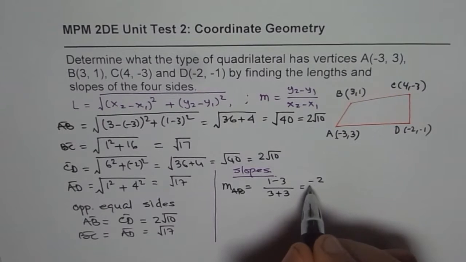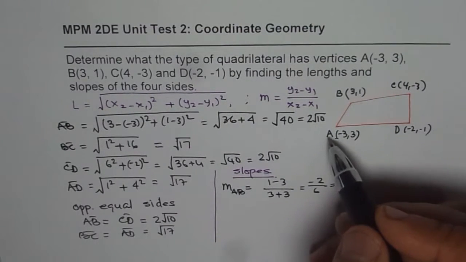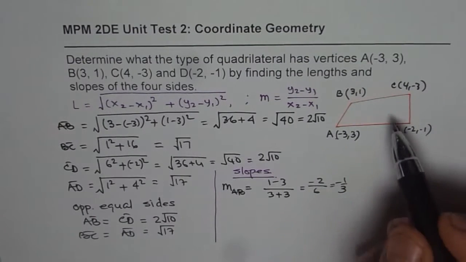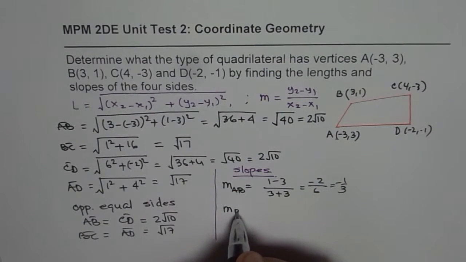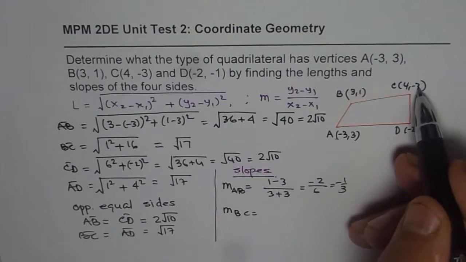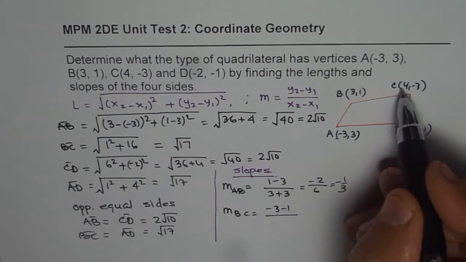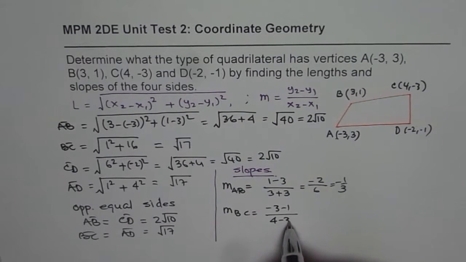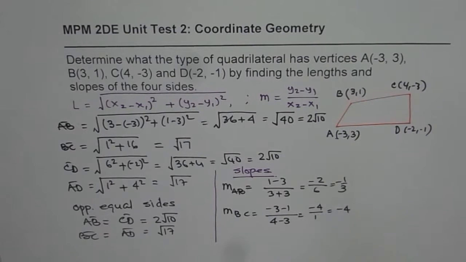So minus 2 over 6, or minus 1 over 3, right? So let's check the slope for BC now. Slope of BC is y2 minus y1, that is minus 3 minus 1, over x2 minus x1, 4 minus 3, which is minus 4 over 1, which is minus 4.